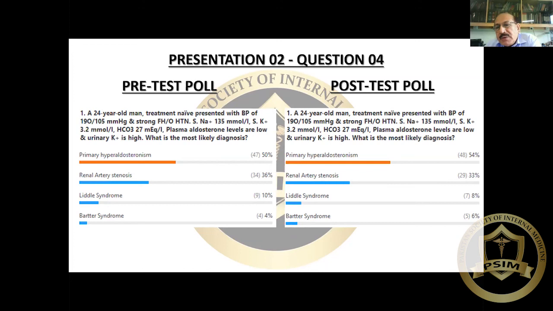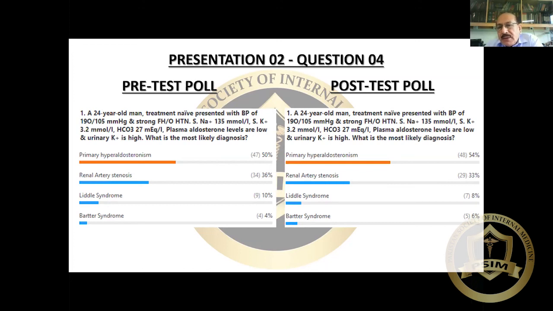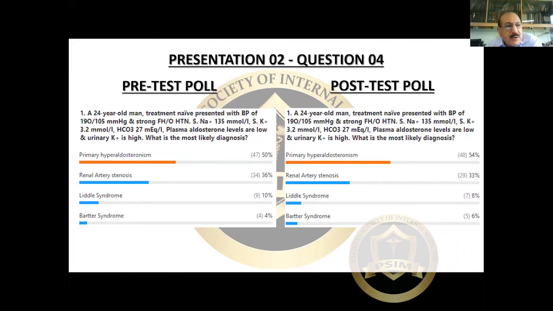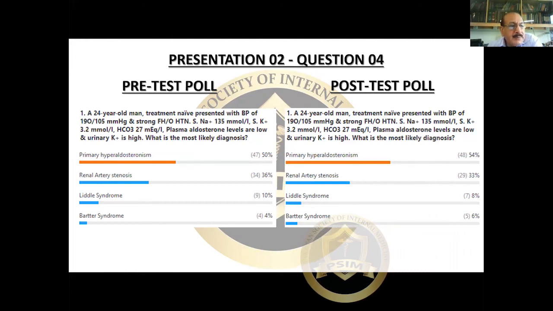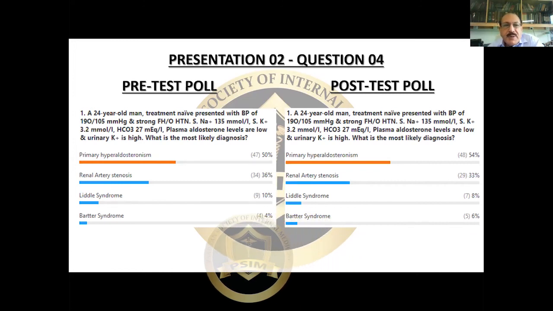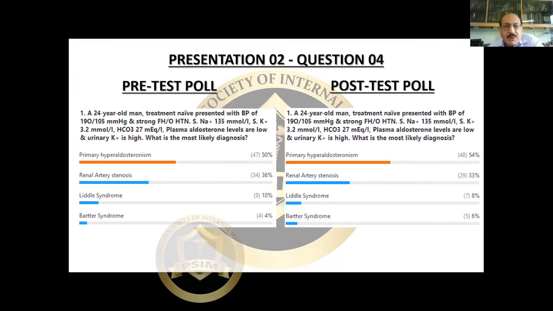It's a genetic disorder where you have the ENaC, the epithelial sodium channels, which are excreting a lot of potassium and retaining sodium. And there's a family history. It's a genetic disorder.